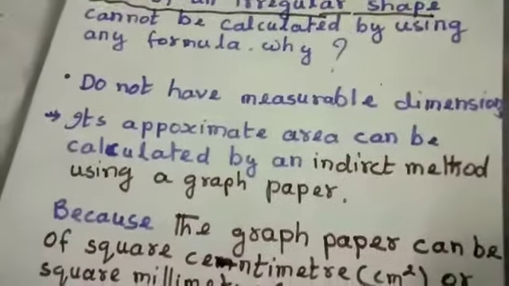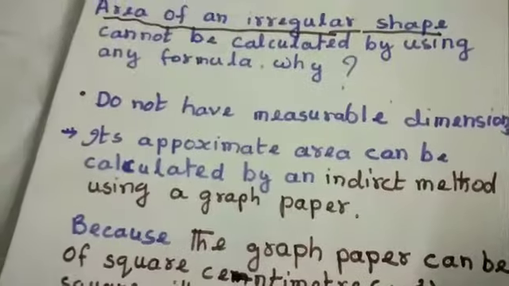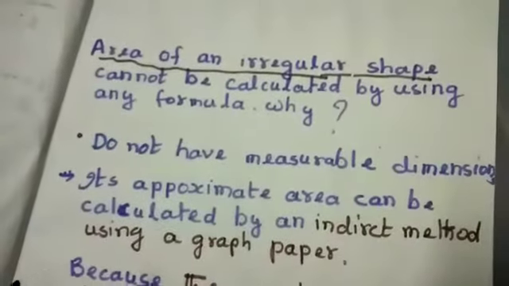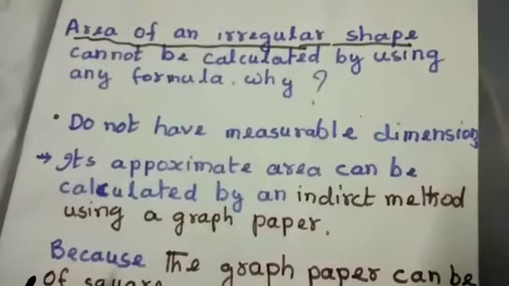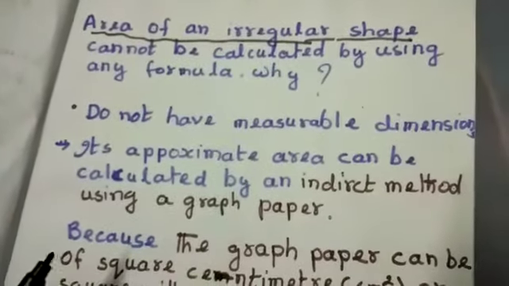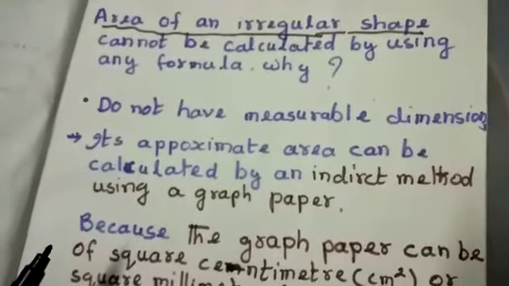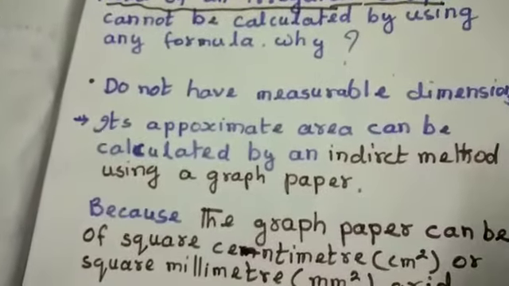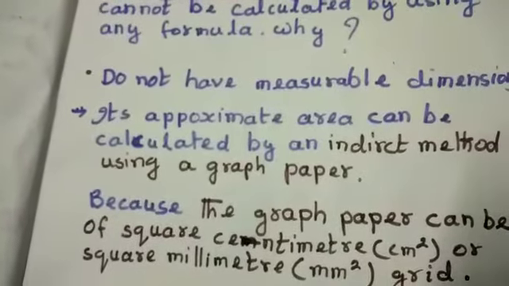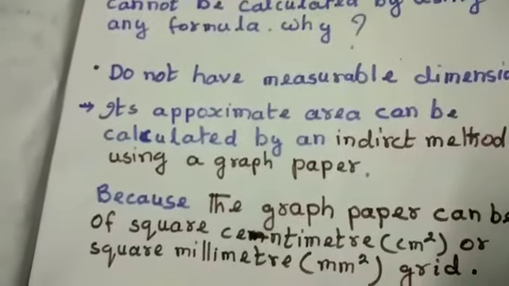Because an irregular shape does not have measurable dimensions like length and breadth, and its approximate area can be calculated by an indirect method using a graph paper.